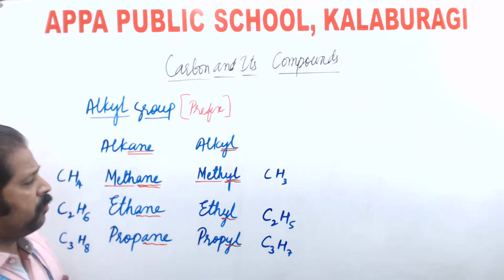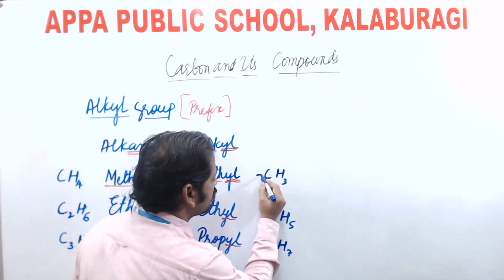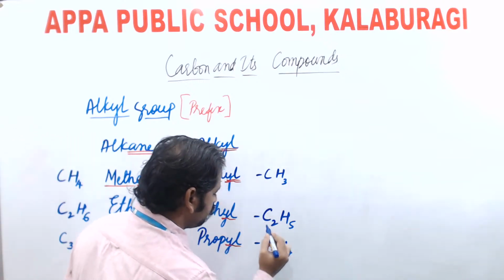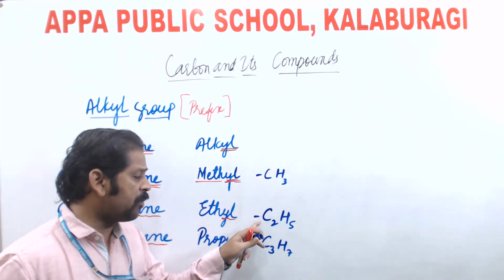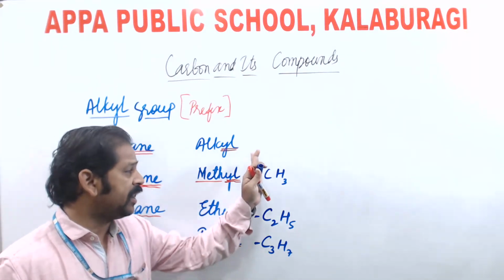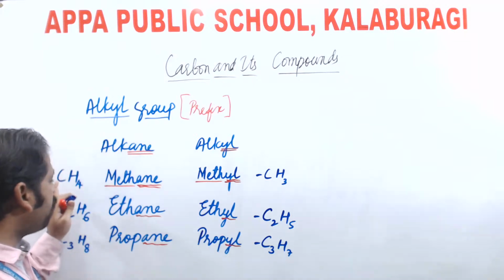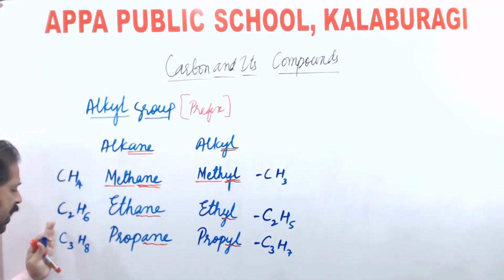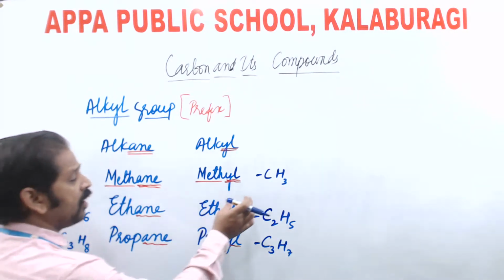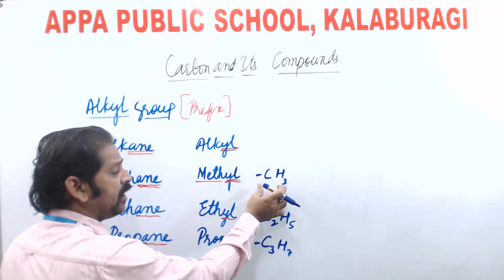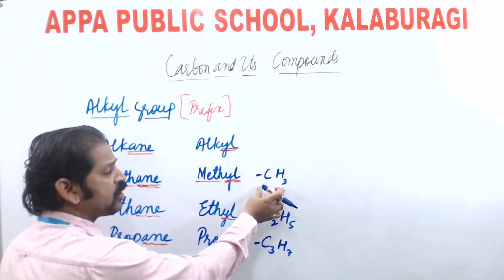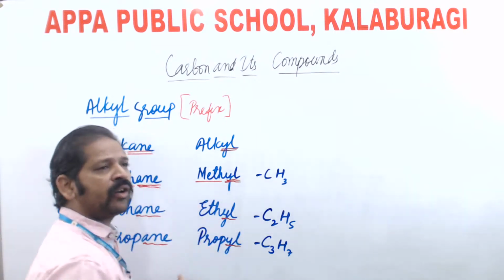Now here we will mention this dash. Why this dash? It is a bond. It means it is incomplete. Methane, ethane, propane are complete chemicals. These are compounds. These are not compounds, these are functional groups. It is an incomplete chemical because it is a functional group and it has to be attached with a hydrocarbon only.